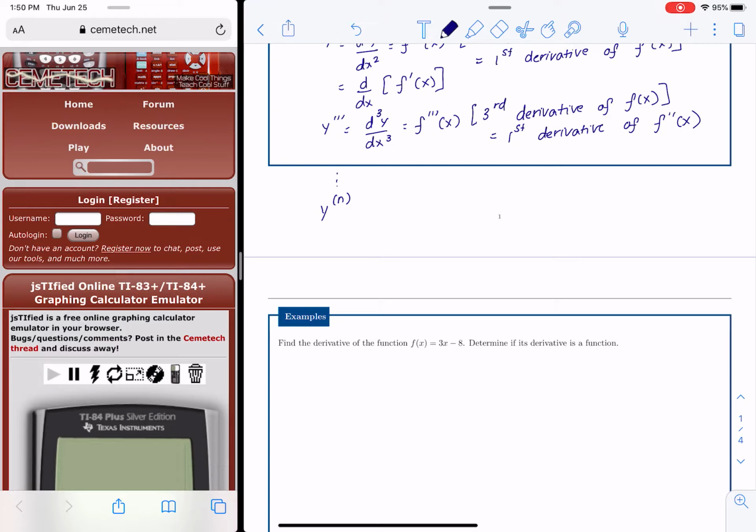We denote it in that manner. So that simply means you take the derivative of f of x n times. So you keep on taking the derivative over and over again.